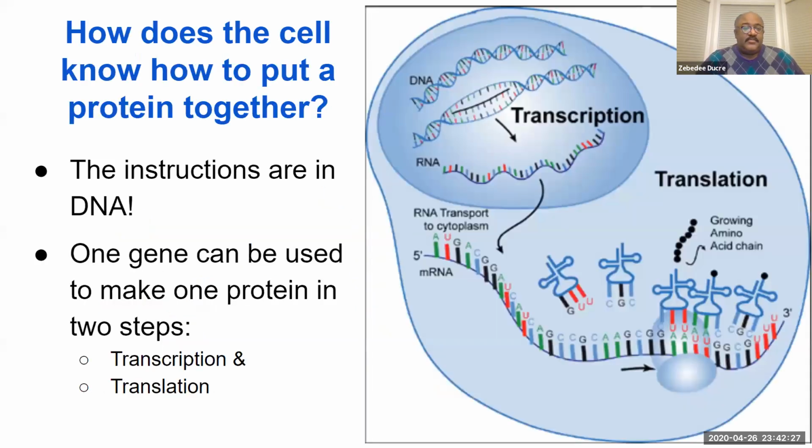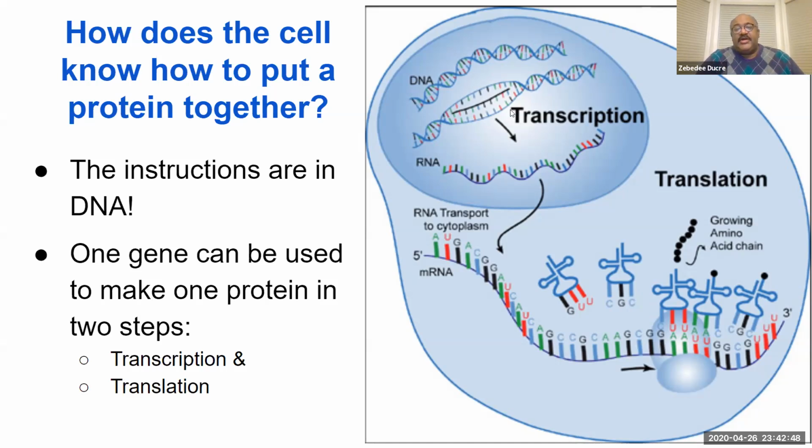Okay, how does a cell know how to put the protein together? All of the instructions are in DNA, and one gene can be used to make one protein. And that's what I was mentioning. Transcription is when RNA goes in and makes a copy, as you see right here in the nucleus. Why?